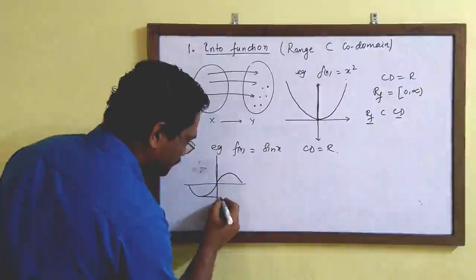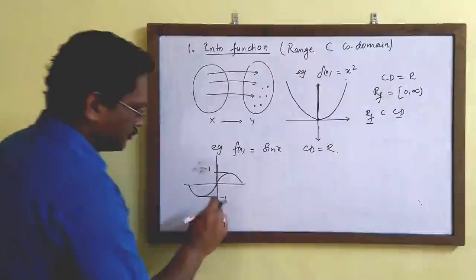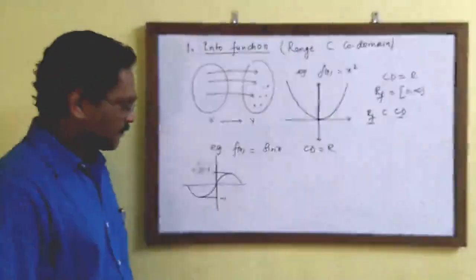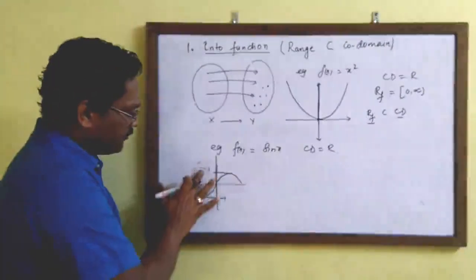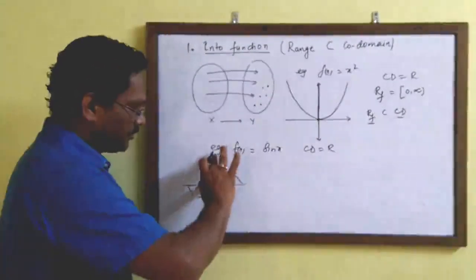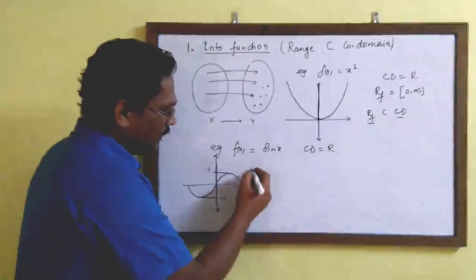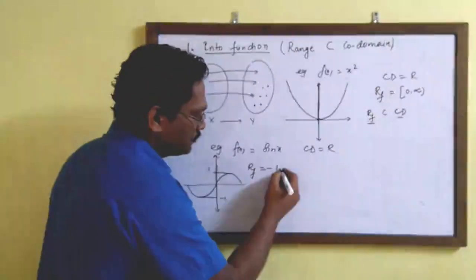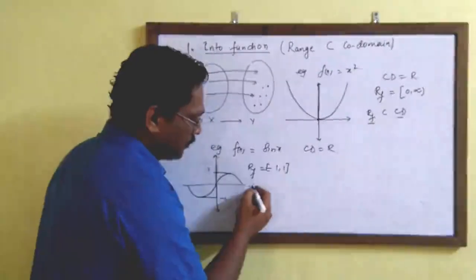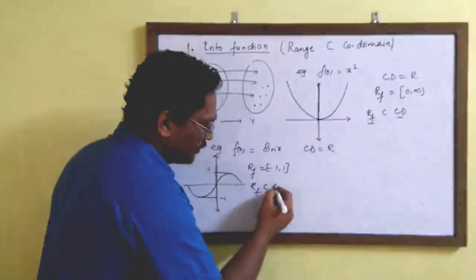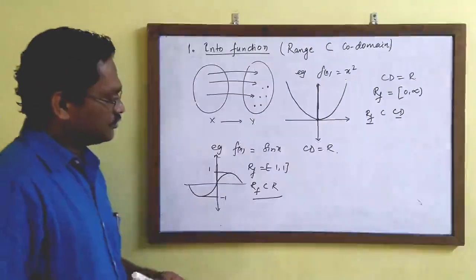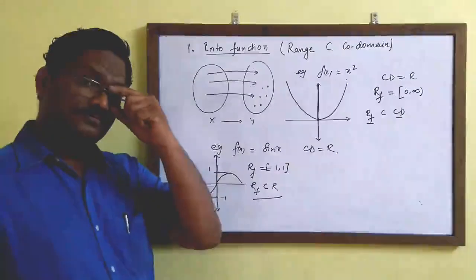Now what about the range? Sin x gives you values only from -1 to 1. So this part is certainly a subset of the entire codomain. So the range of the function is -1 to 1. So the range is a proper subset of the codomain. So this is also an into function.